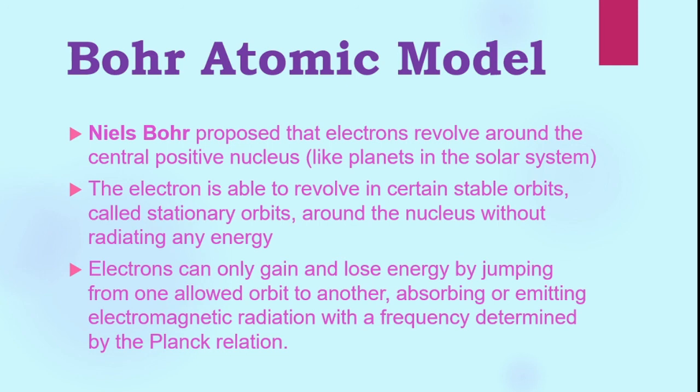That means, what we learned from the Rutherford model is that electrons emit energy continuously, but according to the Bohr model, electrons cannot emit or absorb continuously, but they can emit or absorb energy only after jumping from one orbit to another orbit.